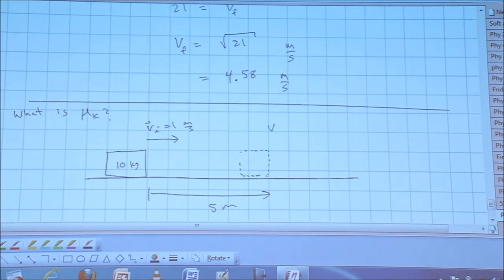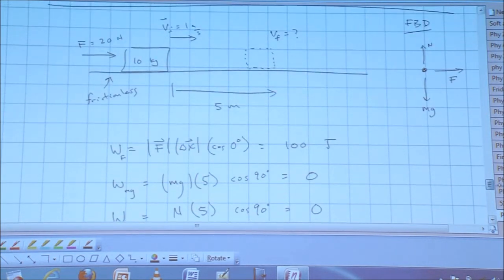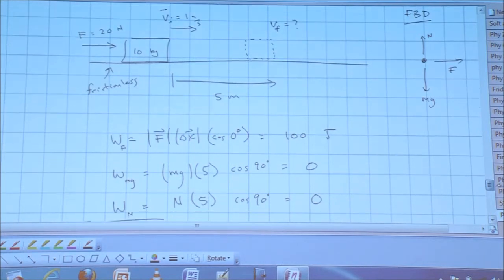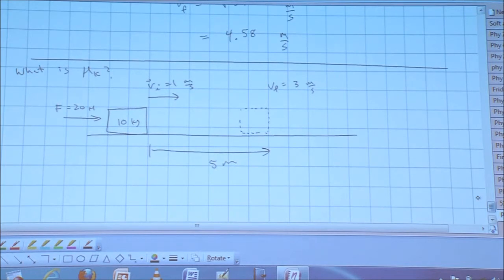And it's moving at 3 meters per second. And we're pushing on it with F. So same exact situation. F, 20 newtons to the right. It's moving to the right. Started out at V initial is 1, 5 meters. Only instead of moving 4.58 meters per second at the end, it's only moving 3 meters per second at the end.